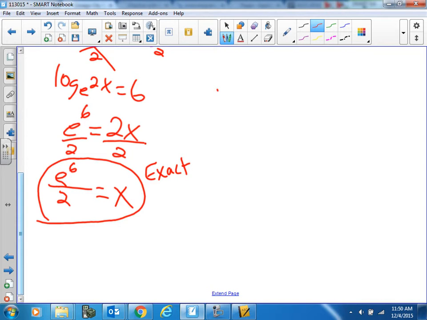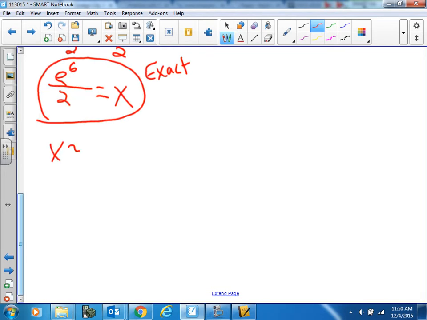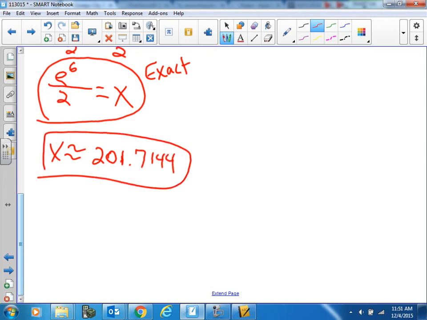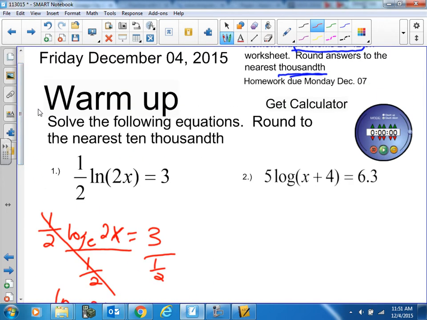All right, nearest 10,000, what would that be? 201.4, decimal places 10,000, right? Yeah, 7144. 7144. All right, this is rounded. Nearest 10,000. All right, let's do number 2.